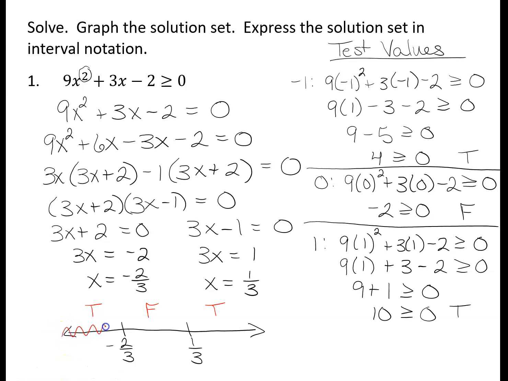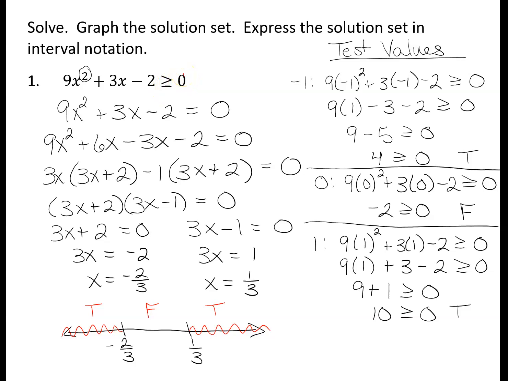So we're shading this interval on the left. We're shading this interval on the right. Now, to determine whether these x values should be included, we look at our inequality symbol. Because it had an equal to bar, then they are included because they actually make this left side equal 0.